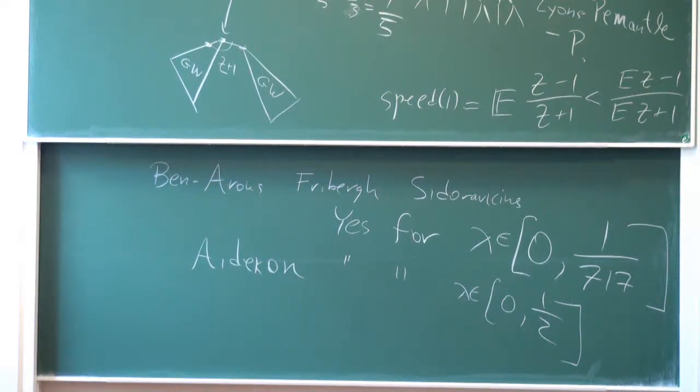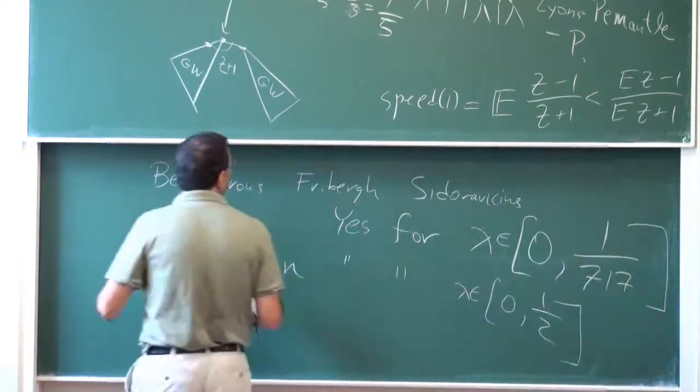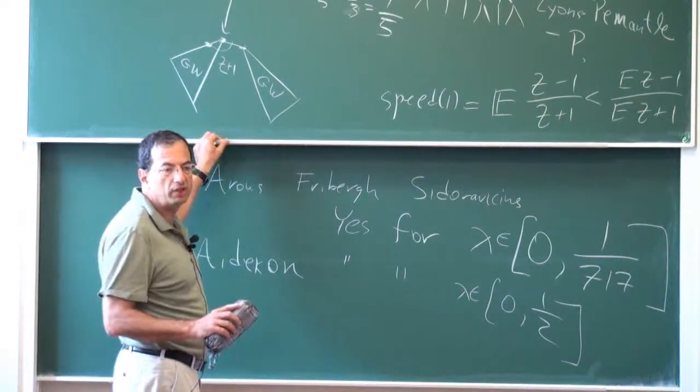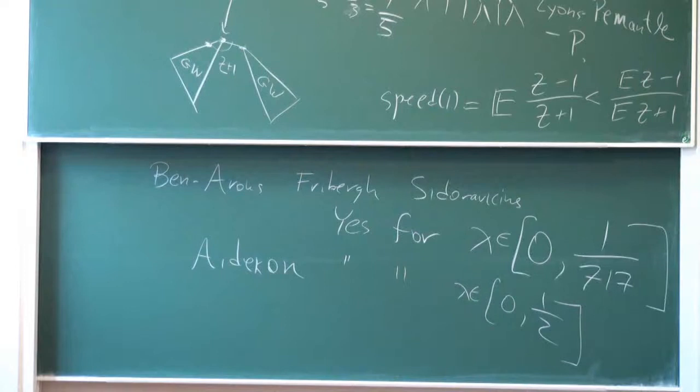So, all right, now I want to switch to something else, unless there are questions here. I'm still going to talk about infinite graphs, but a different type of problem now. Instead of speed, I want to go back to the classical question of recurrence and transience.